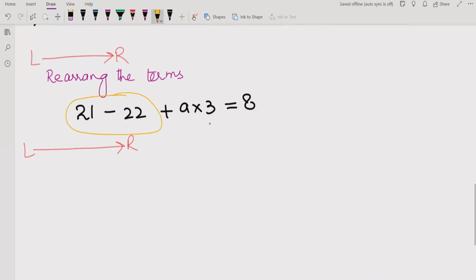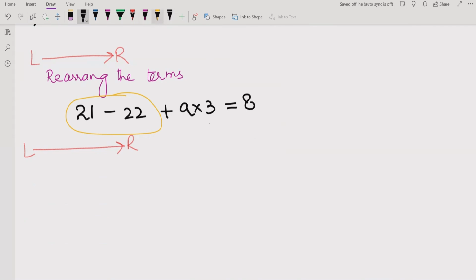If you are going left to right, you might say we can solve a multiplied by 3, but you cannot solve this one because a is unknown and you cannot multiply these two terms. So in this expression we have to solve the subtraction first, because we have to find the value of a.